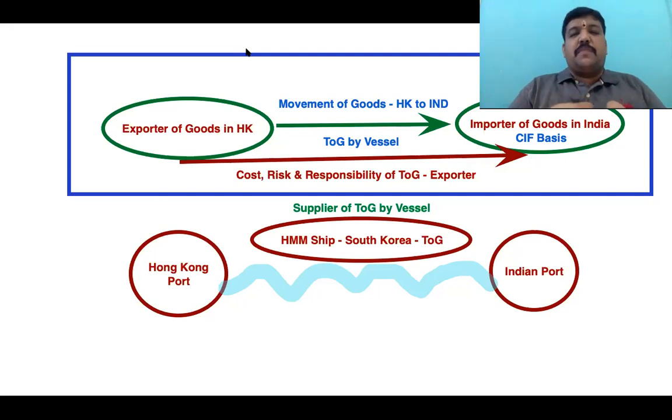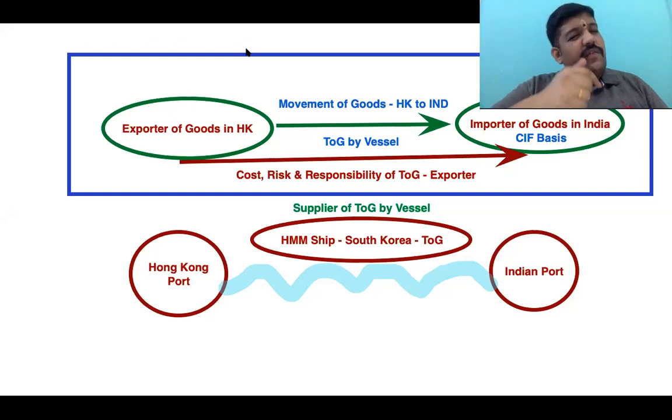He is responsible for it. The goods are already with him. Maybe the exporter will engage a third party transporter to transport the goods to you. Similarly here, the exporter in Hong Kong engages a third party transporter who transports the goods by vessel. No difference.